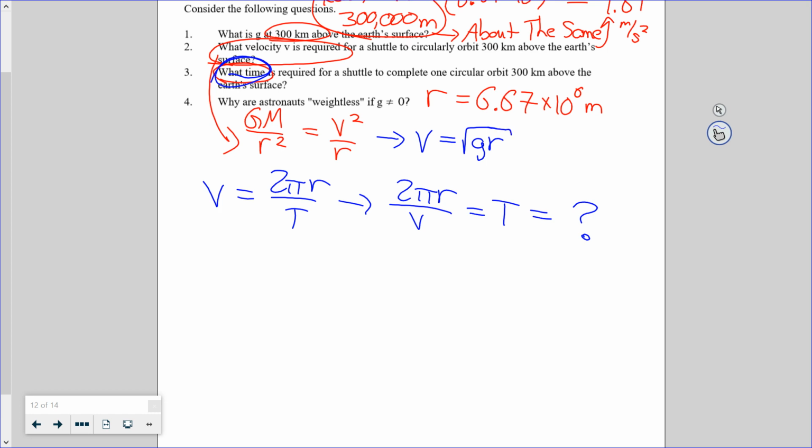Or I could just do big G, big M over R. Yeah, you can just do that. If you don't want to use 9.8, you can just plug it in and solve it. Exactly. Am I prepared enough to just write down the answer? I think I worked it out.